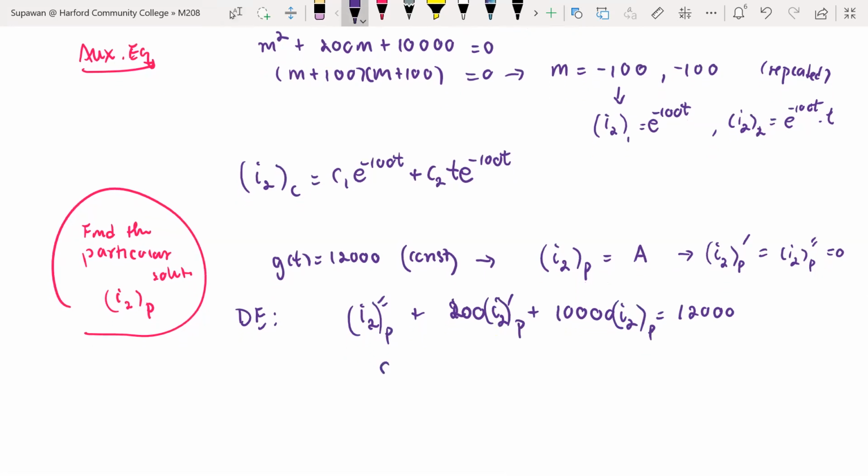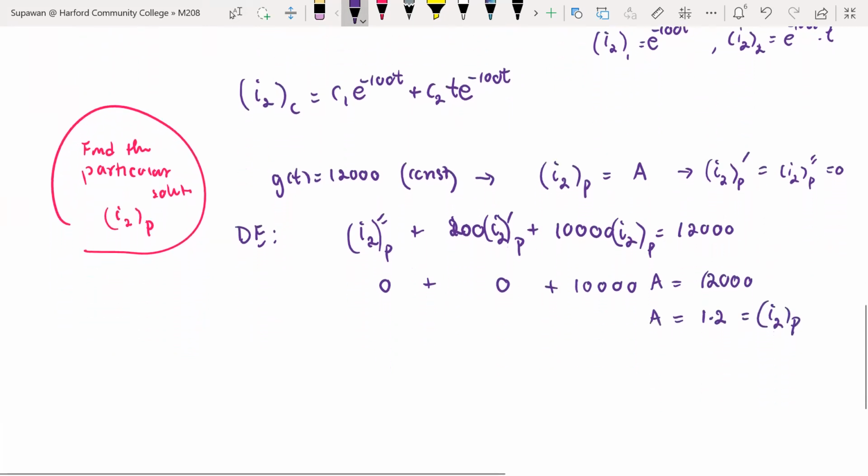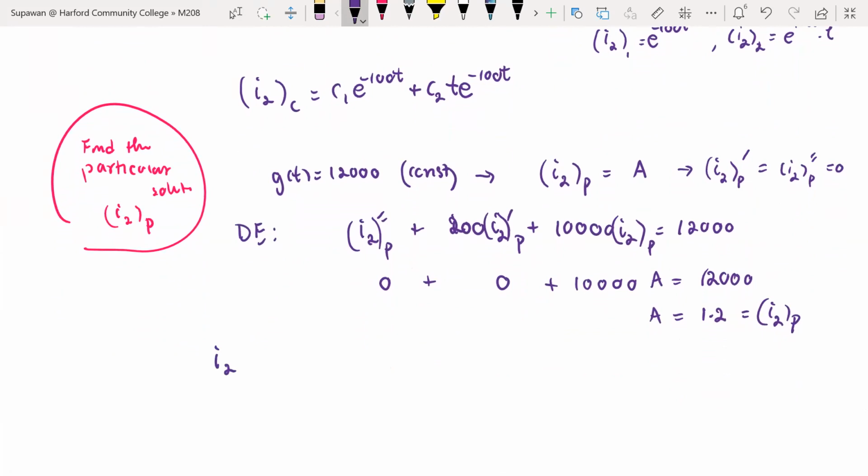Okay, the second derivative is 0, the first derivative is 0, and 10,000 multiplied by A equals 12,000. That makes A equals 1.2, which is the particular part of the solution of I2. Now we have I2 as a function of t equals C1 e to the negative 100t plus C2 multiplied by t multiplied by e to the negative 100t plus 1.2.